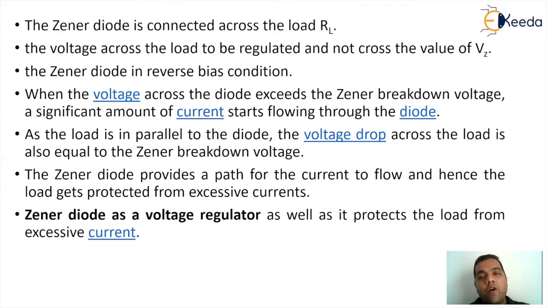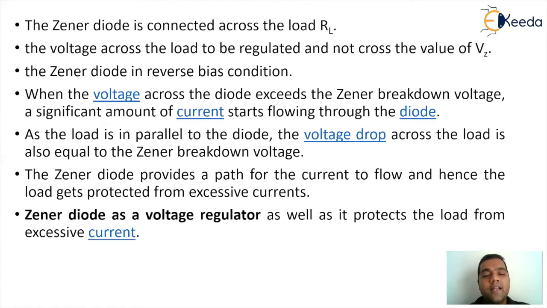So automatically, whatever was the rise in the current due to the rise in the input voltage, that additional current got absorbed by the Zener. And since the voltage across the Zener is fixed to a value of Vz, the same voltage will be kept across the load, or you can say the load will get the same voltage Vz. So our observation is that even if the input is fluctuating, the voltage for the load is non-fluctuating. This is the property of a voltage regulator.